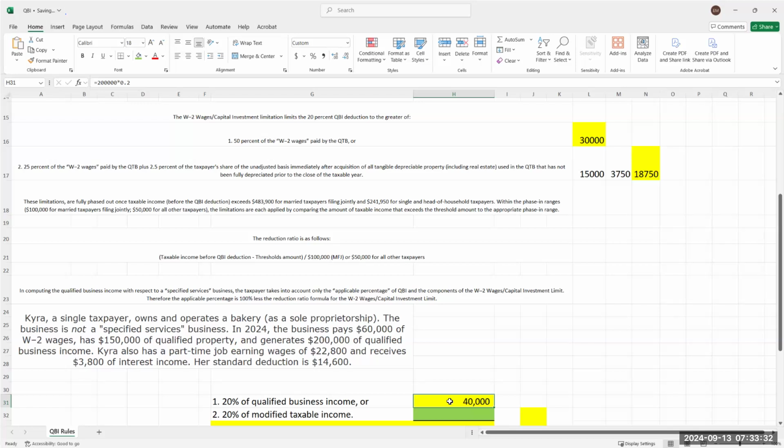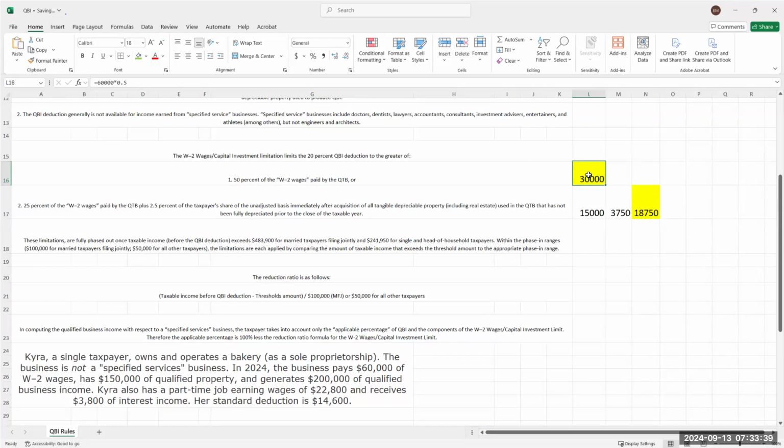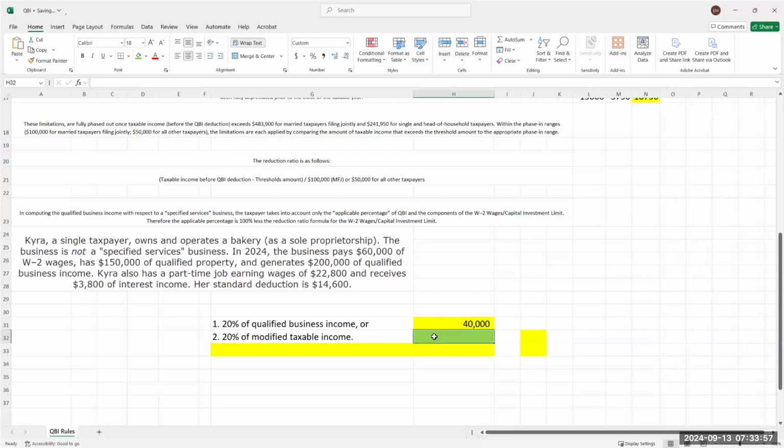So this is our first limit, 20% of qualified business income, but it cannot be greater than 30,000, which is 50% of the W-2 wages, or 25% of W-2 wages plus 2.5% of the unadjusted basis, which gave us a total of 18,750. And it cannot be more than 20% of the modified taxable income. So the modified taxable income, which we calculated before, was 212,000 multiplied by 20%.